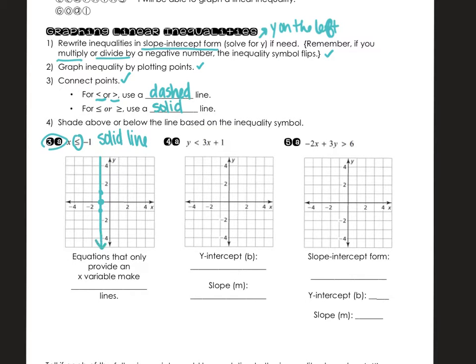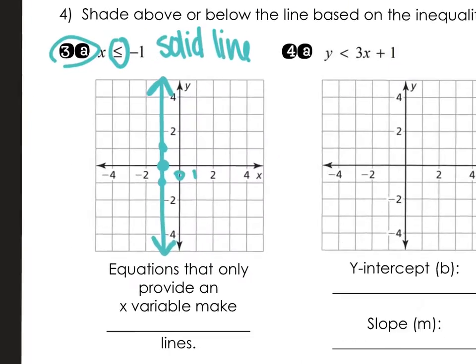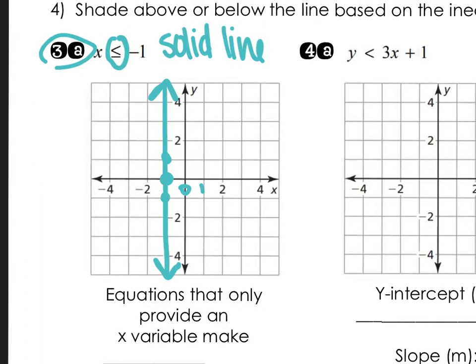So I connect them. And then the last part that makes this really different from just an equation is you have to shade for inequalities, because an inequality means there's a huge set of numbers that could work. So you've got to read your inequality. So it says less than or equal to negative 1. So you want to think, okay, here's 0 and 1 for my x's to be less than or equal to negative 1. This way is positives, so those are going to be bigger than negative 1.